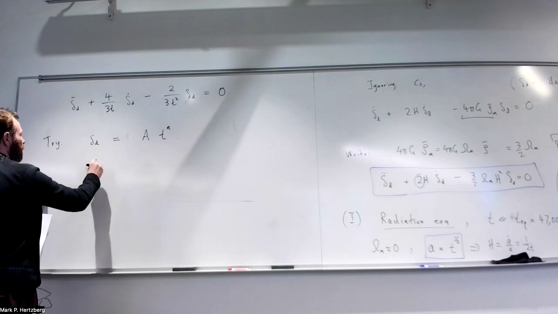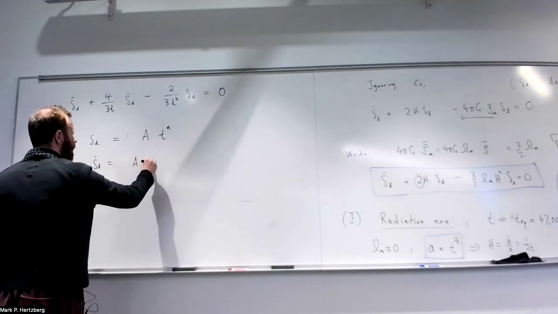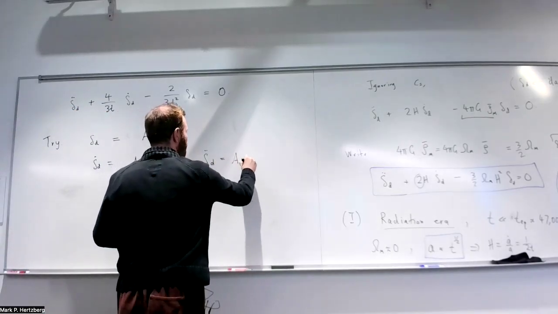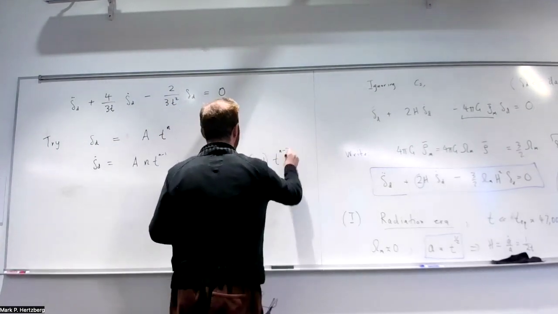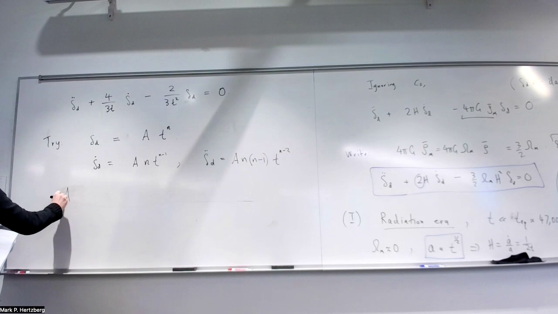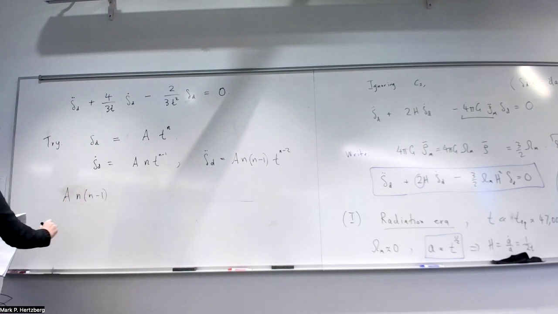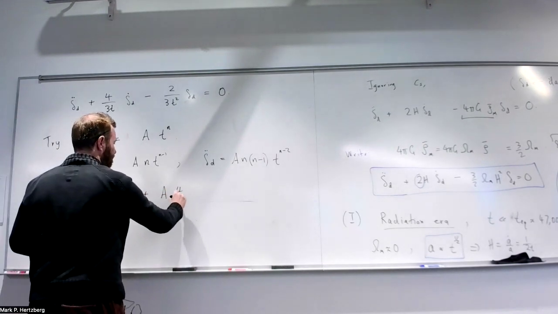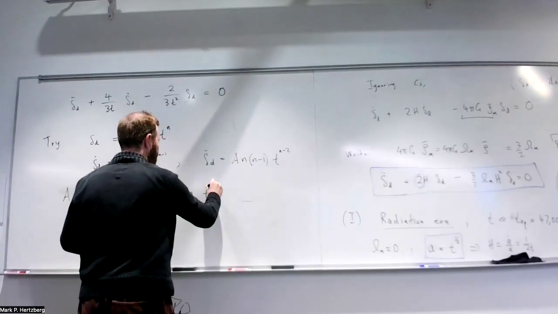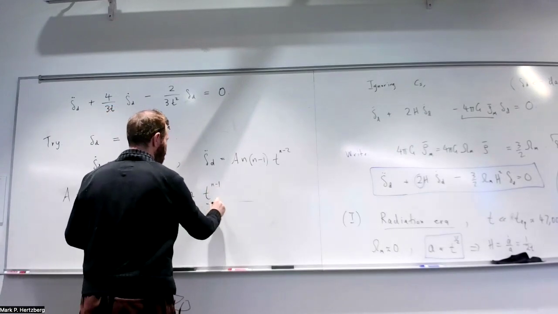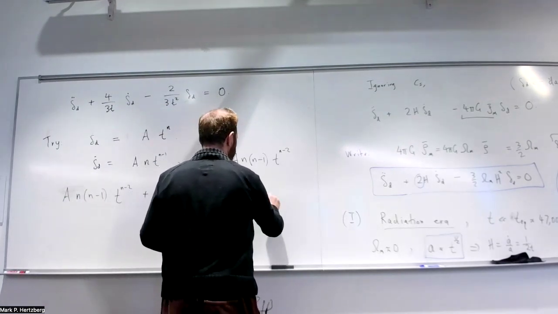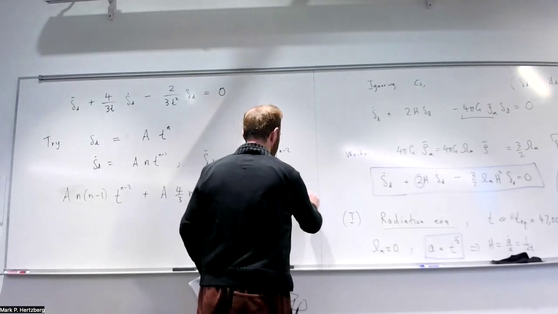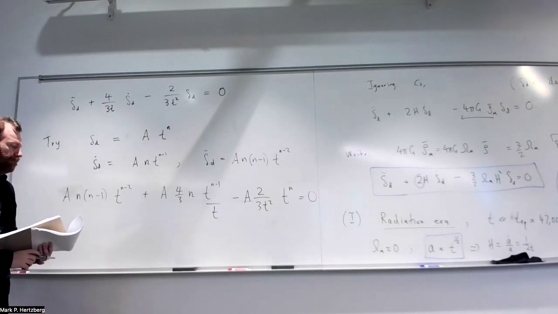Okay, so we plug this in, delta dot A n t to the n minus 1, and the second derivative. All right, so we plug it in, like this.